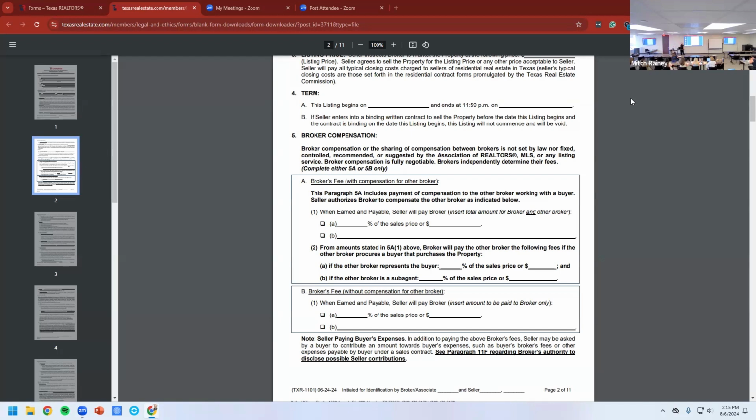You have someone that's going to be monitoring title, scheduling the closings. And those are all benefits that a seller gets from having an agent on the other side. We need to be really good at selling our own value and selling the value that another agent brings to the transaction.